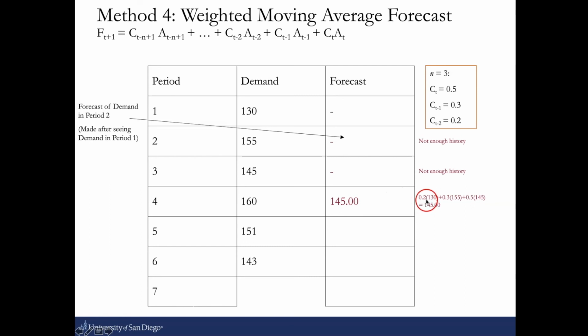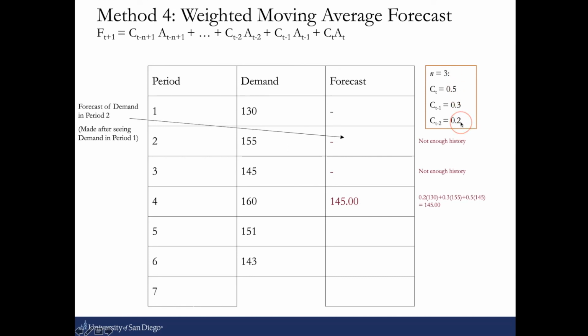So here I get 0.2, that comes from here, multiplied by 130, and that's this value, plus 0.3, multiplied by 155, plus 0.5, multiplied by 145, and then I'll get the answer 145. Note that whatever weighting factors that you choose for a given n window, they need to sum up to 1.